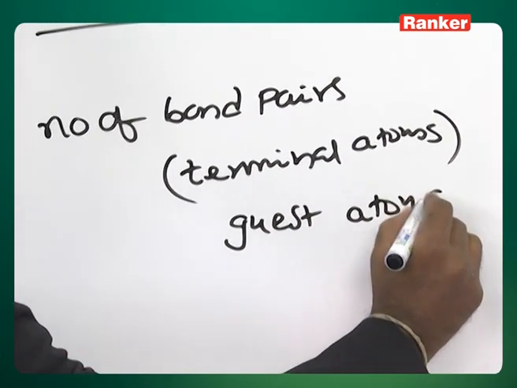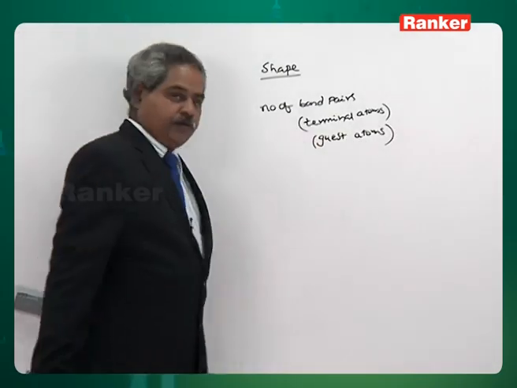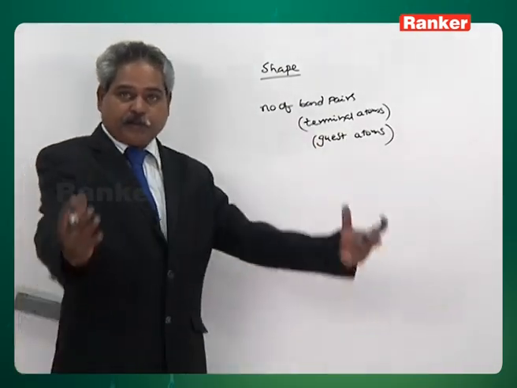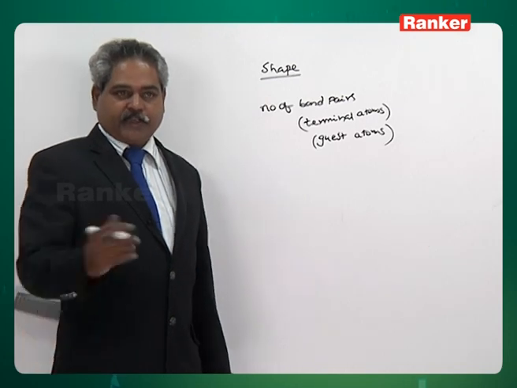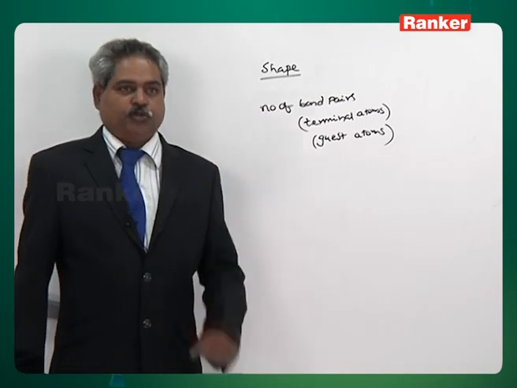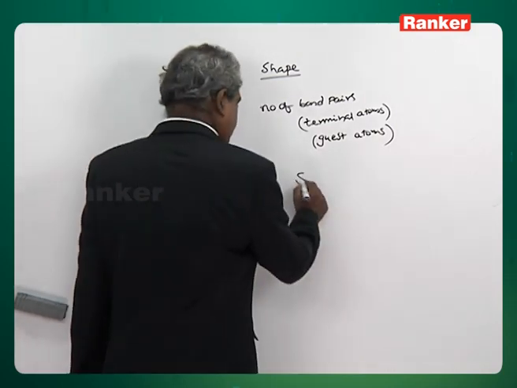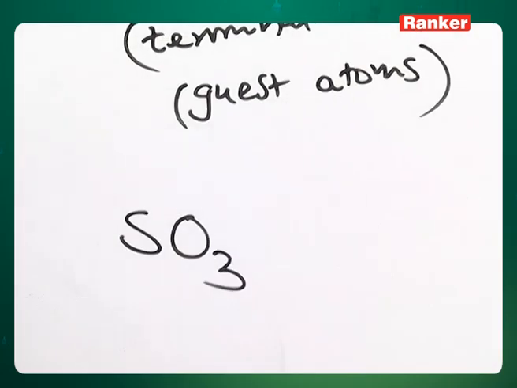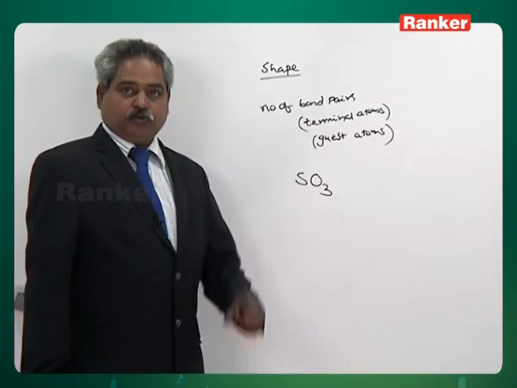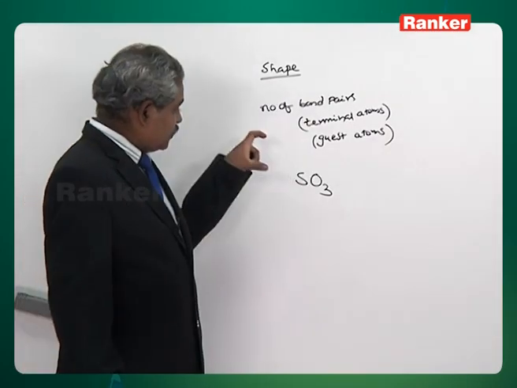Don't hesitate to use such language. Guest atoms, the terminal, the incoming. Central atom is the host. In sulfur trioxide, sulfur is hosting 3 oxygens. So 3 oxygens are guests, 1 sulfur is the host.